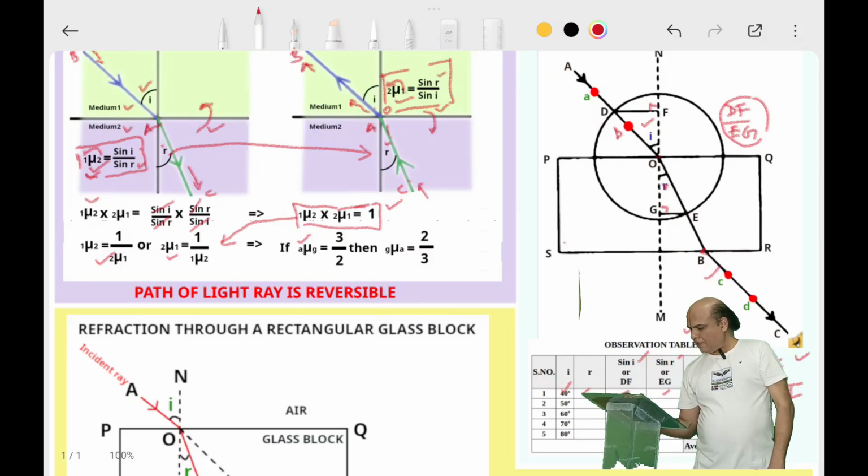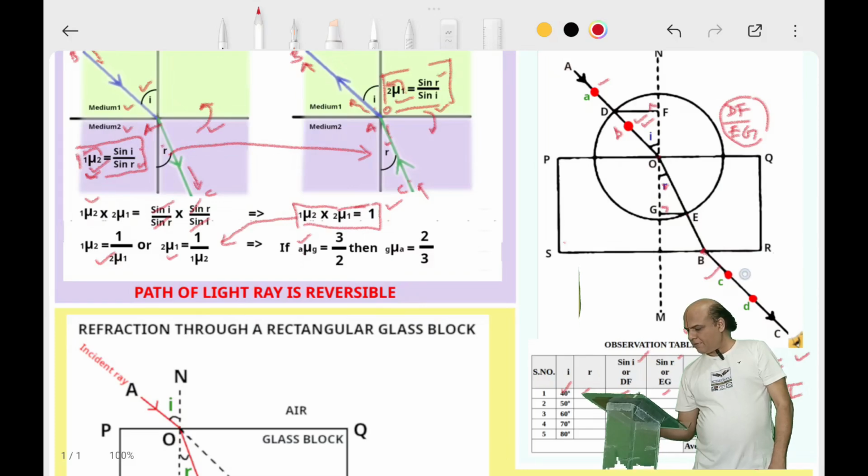Now we are fixing two pins at A and B on the line AO, and after placing the rectangular block in its position, we are looking at those two pins from the other side of the block, and we are trying to fix another two pins exactly at the place where their images are formed.